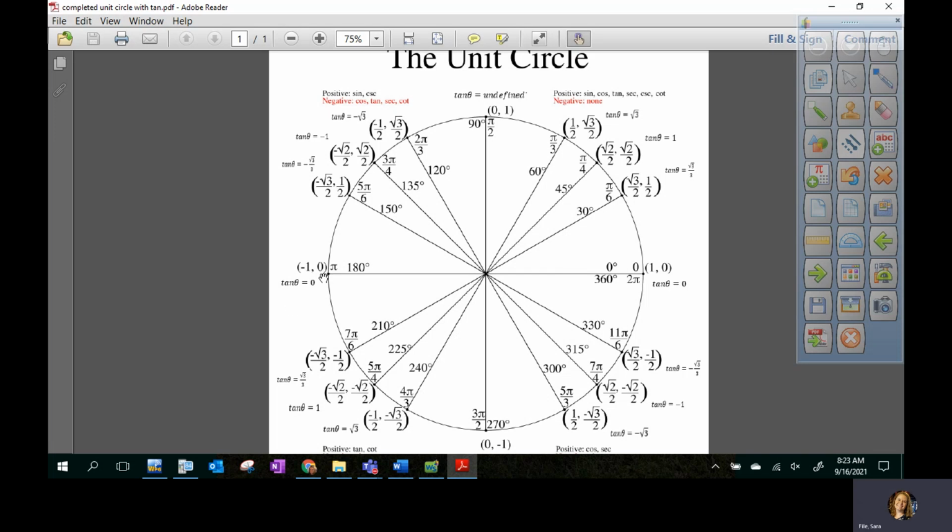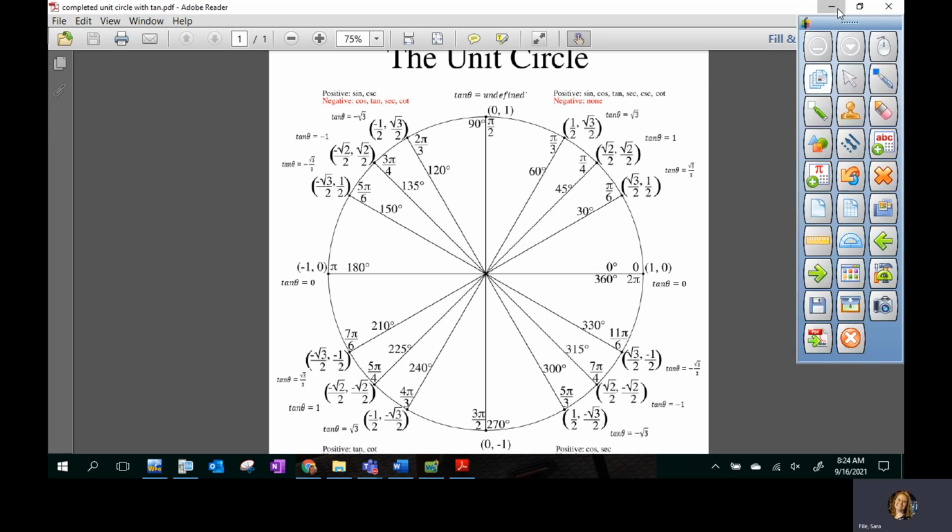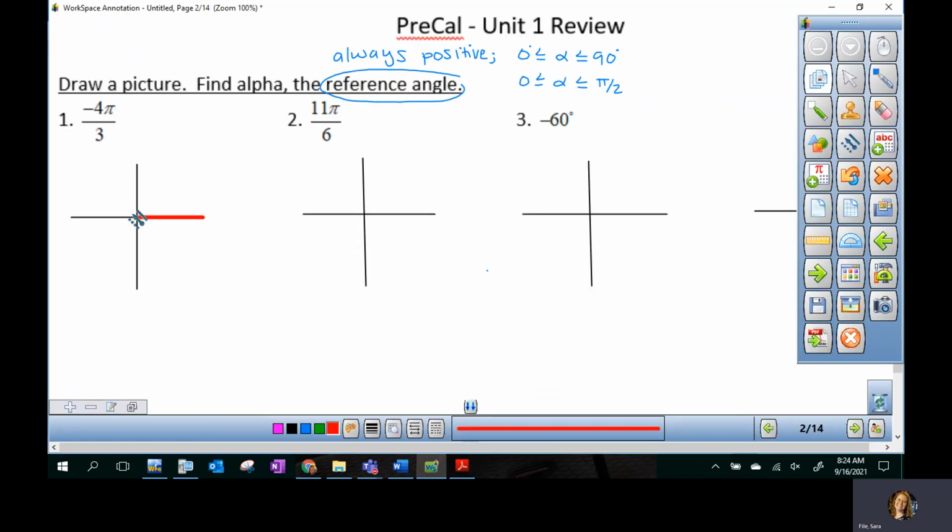If I'm counting by thirds, I go 1, 2, 3, 4. So 4 pi thirds in the negative direction takes me to where positive 2 pi thirds is, right? Y'all understand that? So when I go to draw this, it is in quadrant 2 right here.